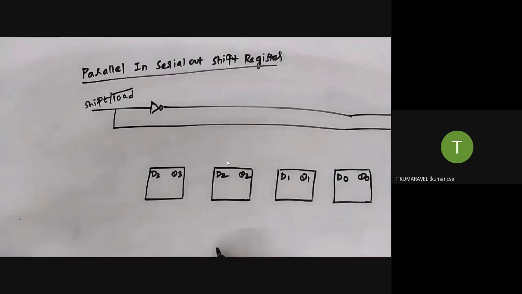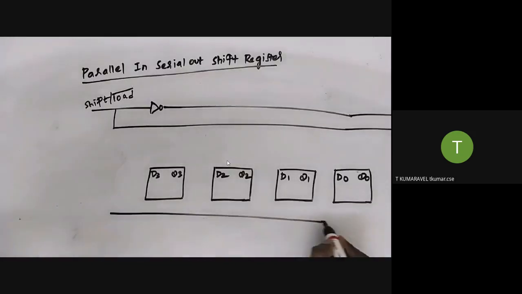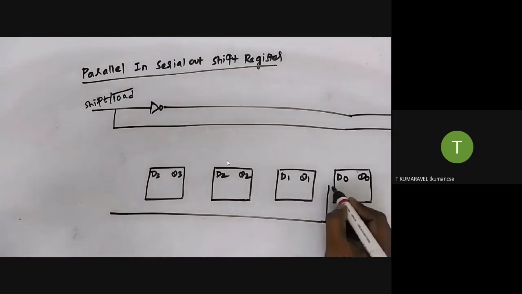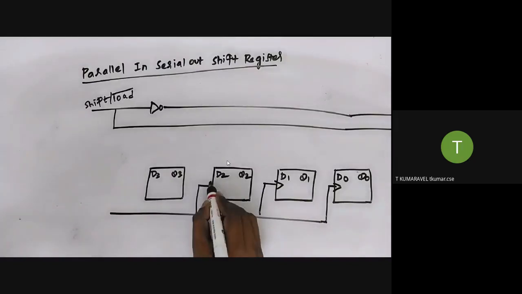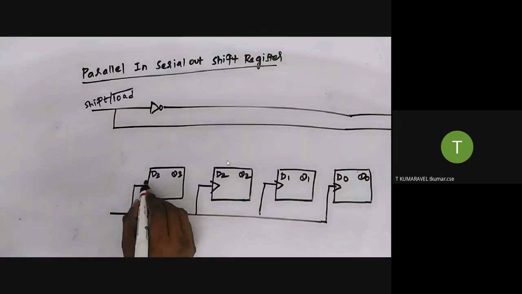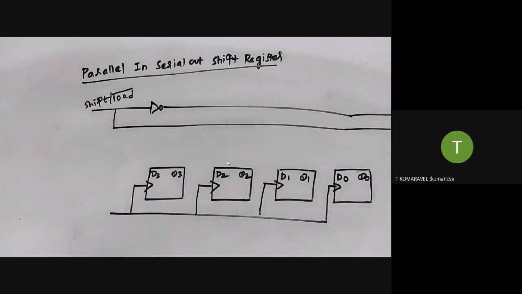In order for the flip flop to function, it needs either a positive edge trigger or a negative edge trigger. In this case, I'm going to provide a positive edge trigger. While designing the circuit, you can use either positive edge trigger or negative edge trigger clocks. In both conditions it can operate.